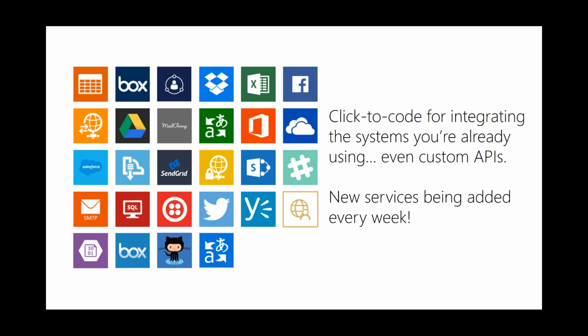New services are being added to this list every week. These are created not just by Microsoft, but by you, by the companies that you see on the screen. So you can integrate and build solutions with all of these very quickly and see them grow in a daily, weekly manner.